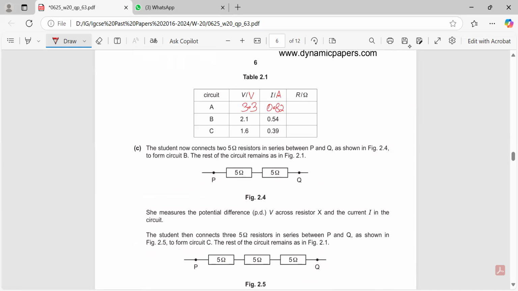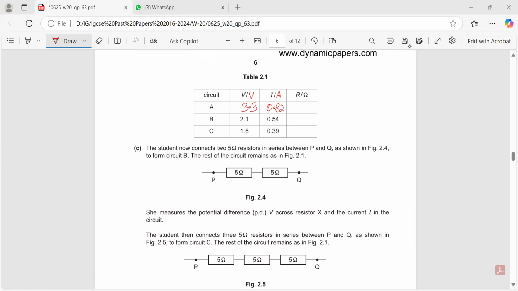So 3.3 over 0.82. 3.3 divided by 0.82, we are getting 4.02.